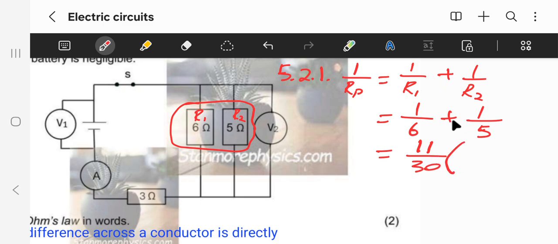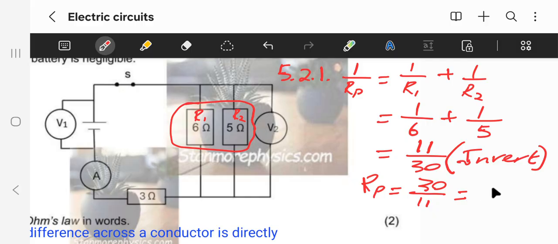But if we are doing this calculation, we must then invert this 11 over 30, which means we write it the opposite way. So 1 over Rp when inverted becomes Rp is equal to 30 over 11, and the answer on the calculator will be 2.73 ohms. So you can deal with this question using either of those two ways. Let's move on to the second one.